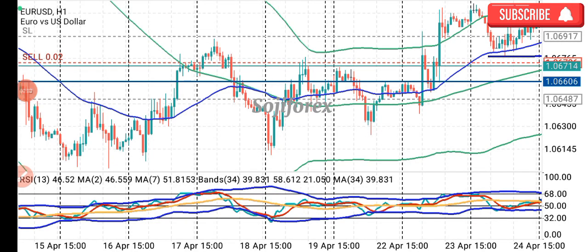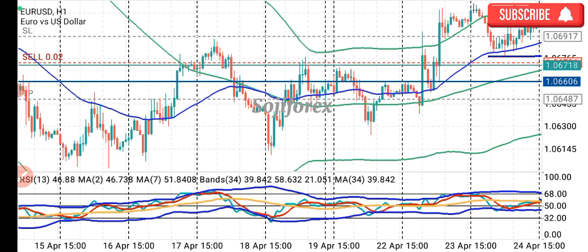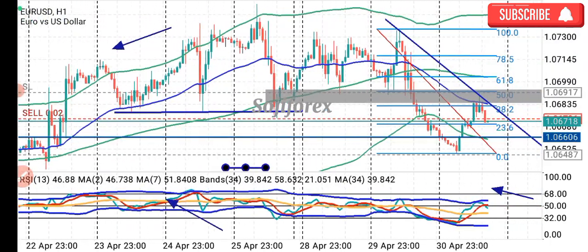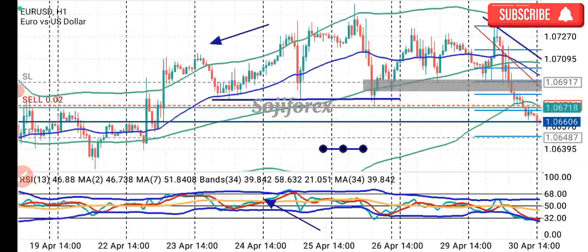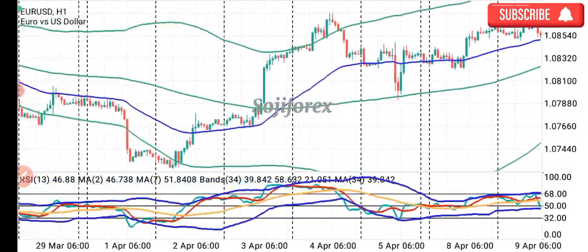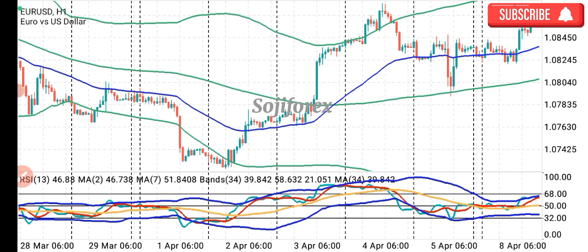There are specific zones, areas in which market participants, such as institutions, usually place their orders. And these zones where institutions place their orders are what we refer to as order blocks.